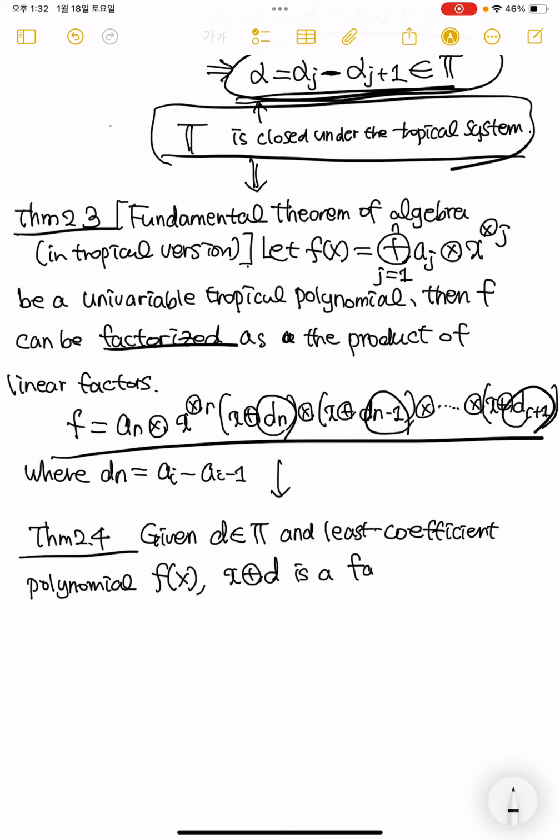Factor, okay, what is the necessary and sufficient condition for that to be a factor of f(x)?